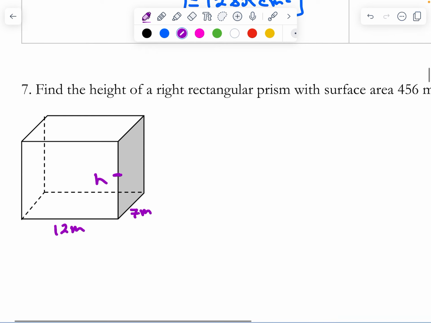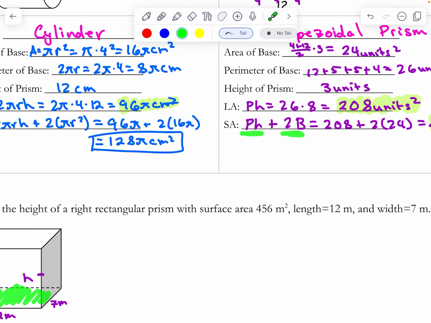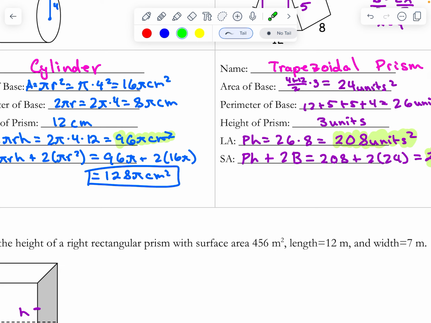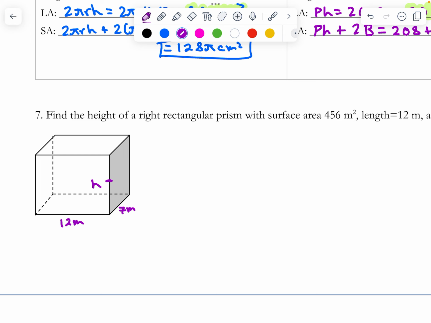The first thing that I'm going to start with, because we need to find this and this, is just doing the same stuff that we do here. I think keeping this same order will help us out in the long run. So 12 times 7, so let's find my base. My base area is going to be 12 times 7, which is 84 meters squared.